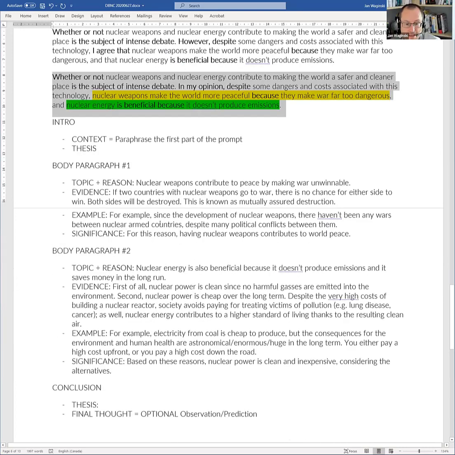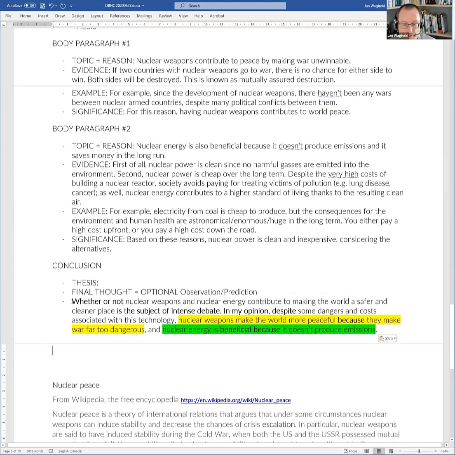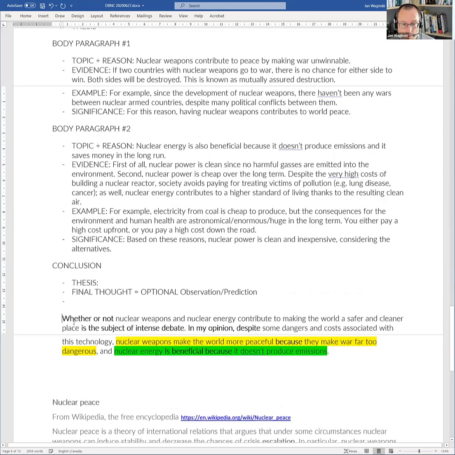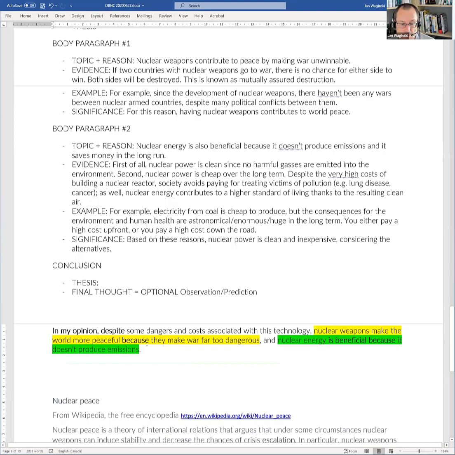Just as a very quick exercise, this is our thesis from the beginning, how would you put this in your own words? So we don't need this part, just the my opinion part. Thesis statements often begin with therefore.